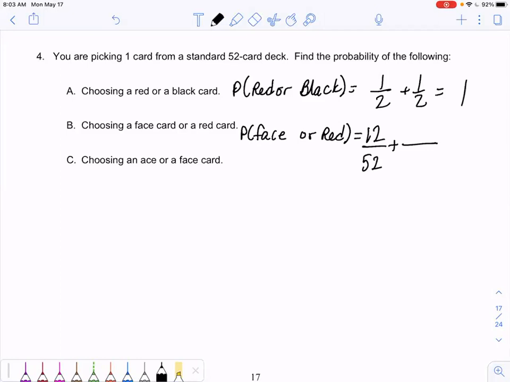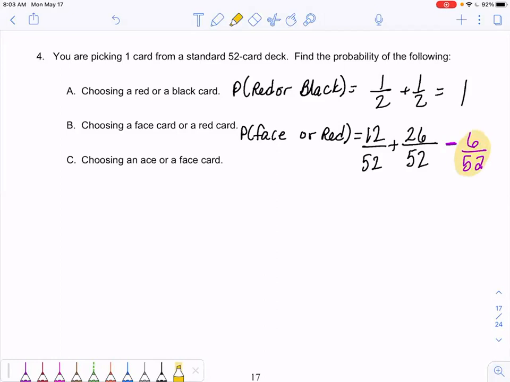Grace just said half of them are red, 26 out of 52. So 12 face cards, 26 red cards. But how many face cards are actually red? 6 out of 52. That's that overlapping part.